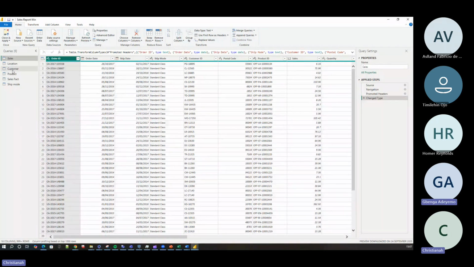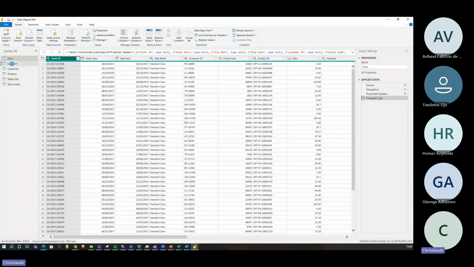Okay, so what we did, just a quick recap of the last class before diving into it. From the sales table, I used reference this time around rather than duplicate. I referenced the main data that was given to us by clicking on this particular one, and then I was able to create it.